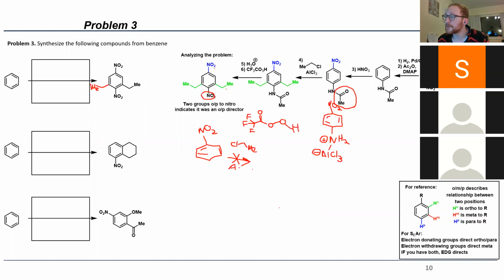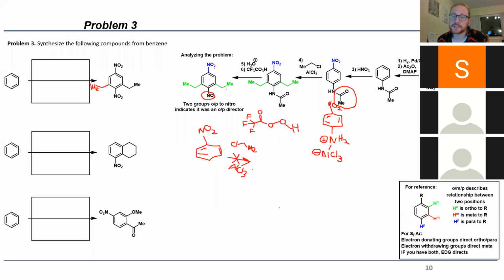You can potentially get away with it under very forcing conditions, but what I would say in general is that this is not a viable reaction. So you don't want to do nitration first and then try and put in these alkyl groups meta, because the aromatic ring is too electron deficient.